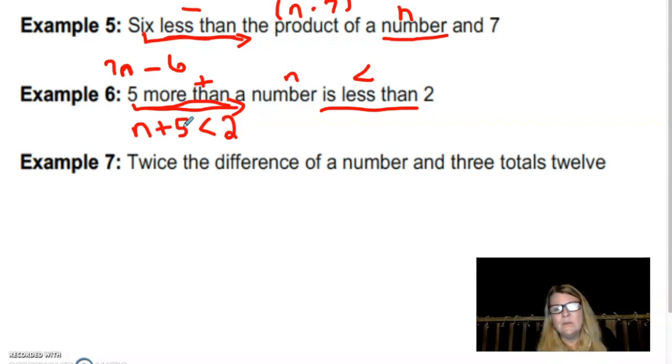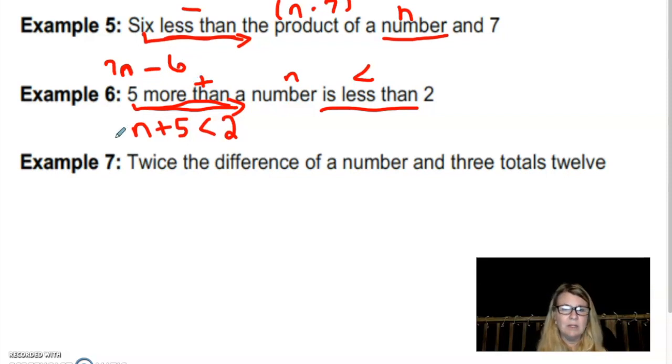Now, this is the exact way of translating it, but addition is commutative, so you could do n plus 5, and your answer wouldn't truly be wrong if it was 5 plus n. Up here with subtraction, subtraction is not commutative. You can't move those around. So this one, if you put those out of order, it is wrong.